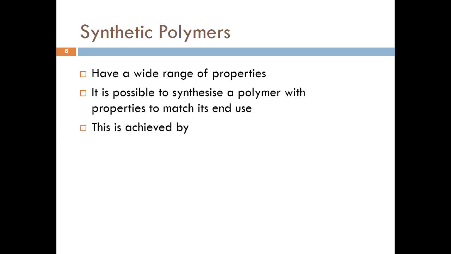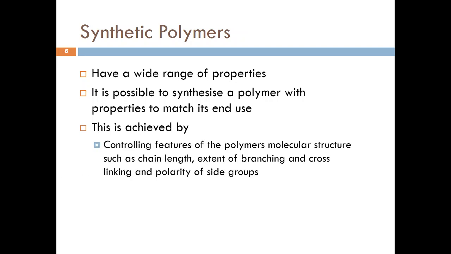Now, the polymers, they have a wide range of properties. If it's glue, it's going to be sticky and it can bind things together. If it's protein based, that does make our lives possible. It is also possible to synthesize a polymer with properties that you like. This is achieved by controlling features of polymers' molecular structure, such as chain length, extent of branching and cross-linking, and polarity of side groups. Okay?